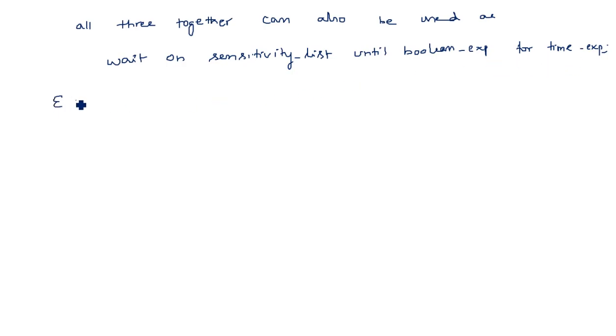Okay, so example: wait on sensitivity list A, B, C like that. Next, wait until A is equal to B. So whenever some operations are performed on A and B, and the numbers A and B are equal, then the particular waiting will be done.